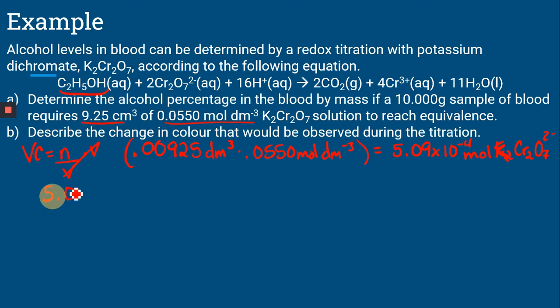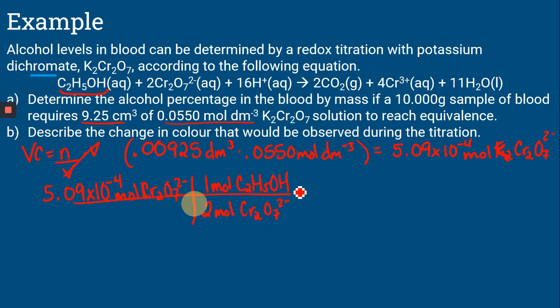So then we can just set up some stoichiometry. And we can go from dichromate, let's see, the coefficient is 2, to our alcohol, which has a coefficient of 1. Now what we're actually doing is trying to find the percent by mass, so we're going to take our alcohol and we are going to convert it to grams.